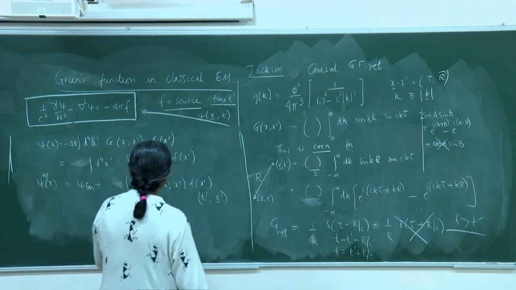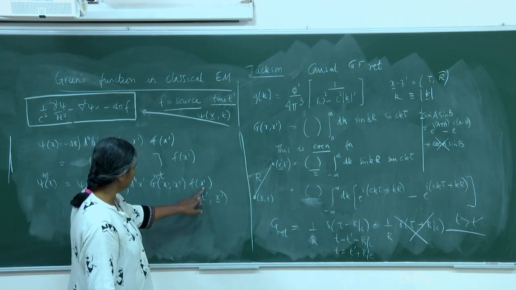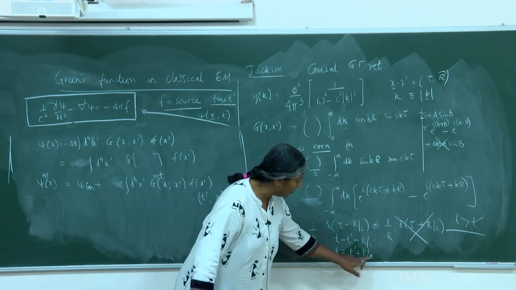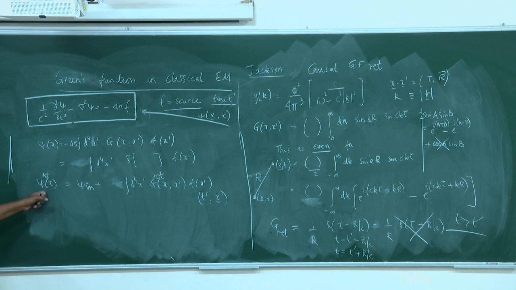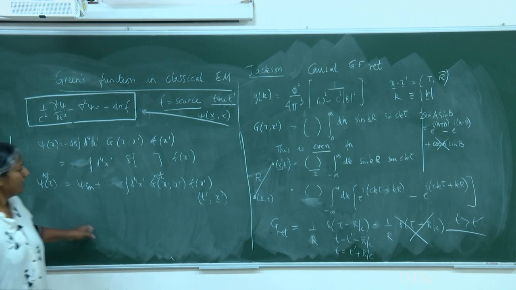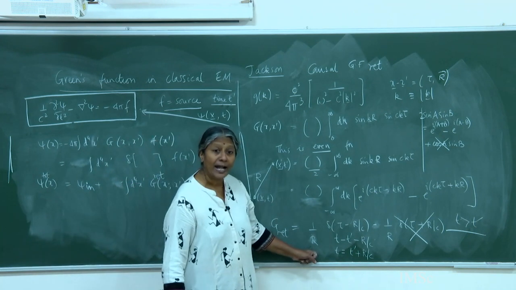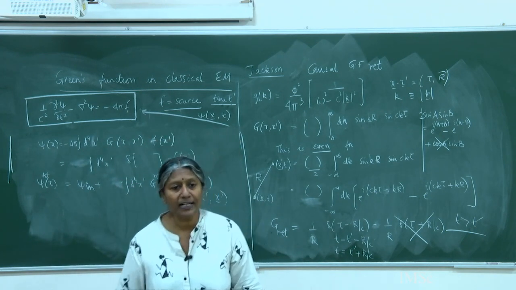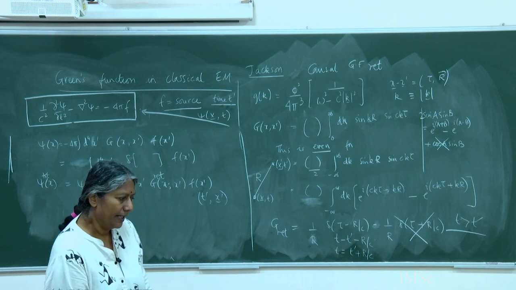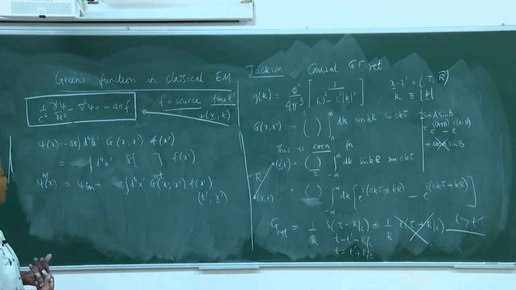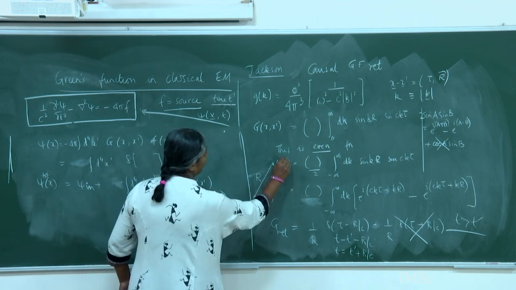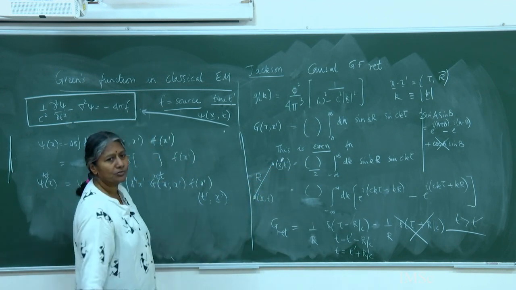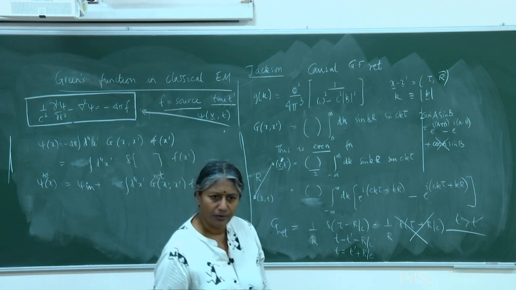So it tells you that once the source has been switched on at time t prime, at time t equal to t prime plus R by c later, I can tell you what will be the potential at the new point, which is a distance capital R away from it. So this is the retarded Green's function, because it takes that much time for the disturbance from the source at x prime to reach the point at which we are going to measure it.